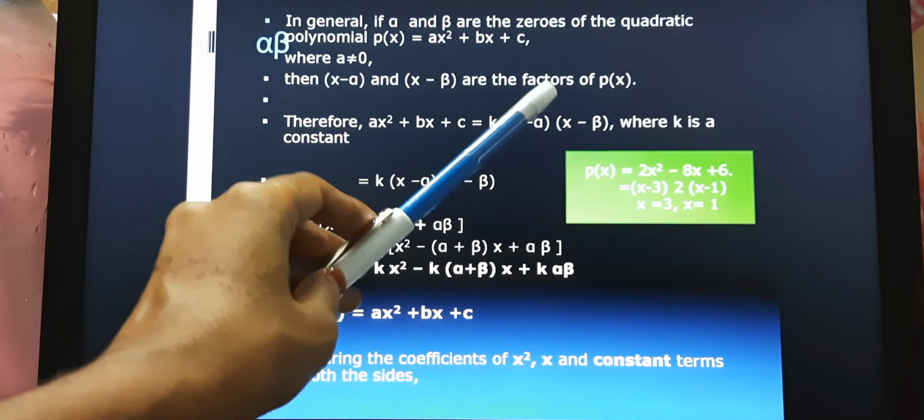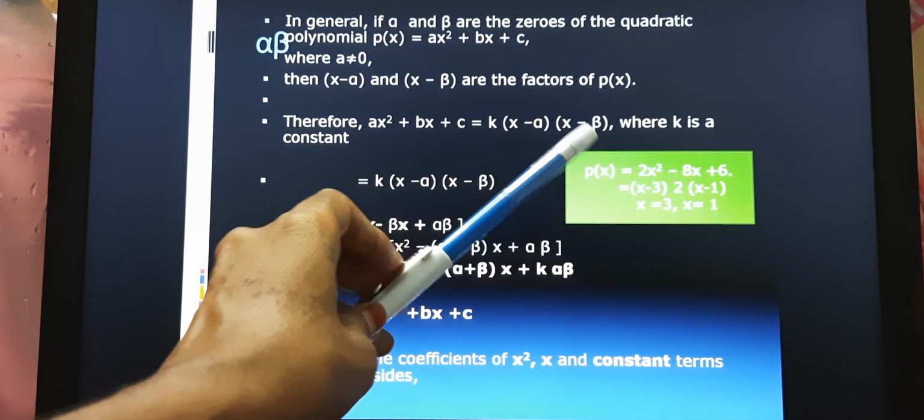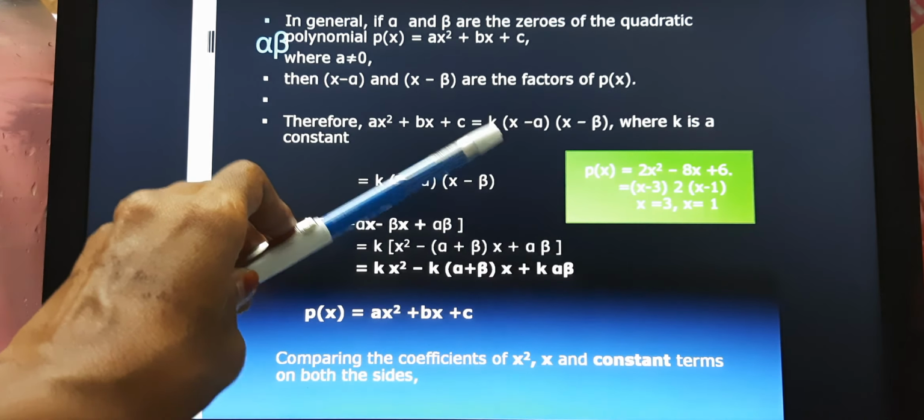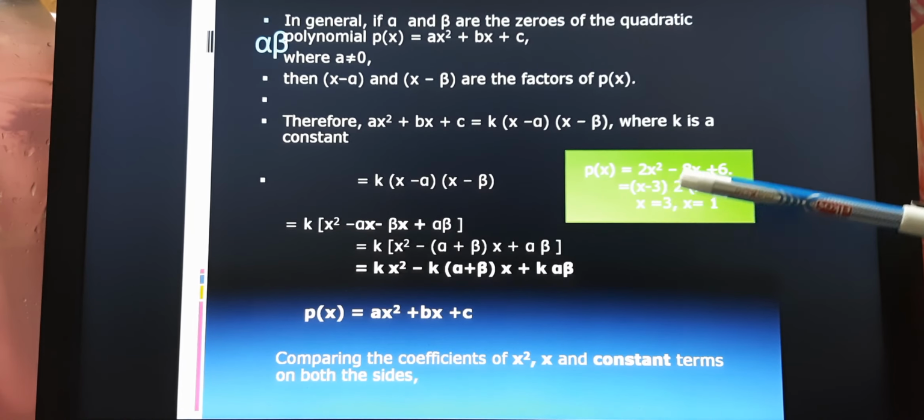So therefore we can write ax square plus bx plus c is equal to k into x minus alpha into x minus beta. You might be thinking what is k. If you observe, in this the 2 is in multiplication, right? So this is a what? This is a constant.